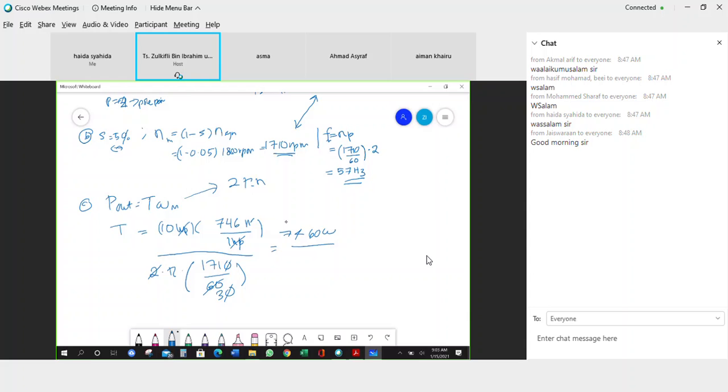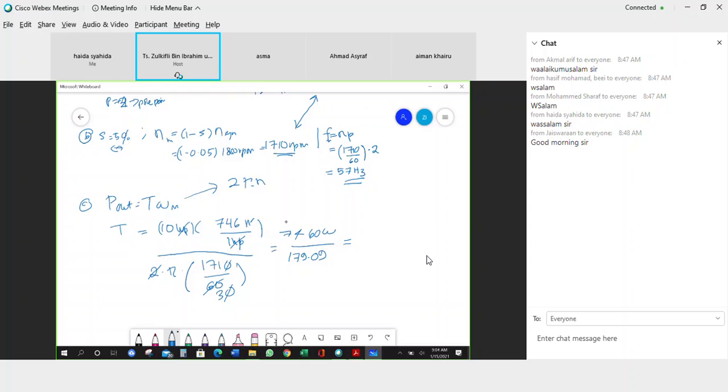So on the bottom you get 171 divided by 3 times 3.142, which is 179.09.